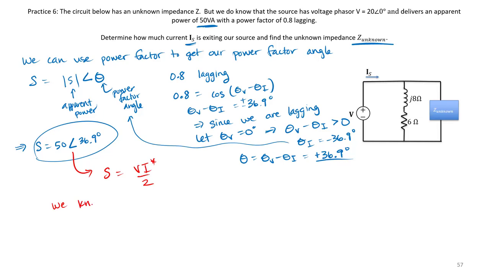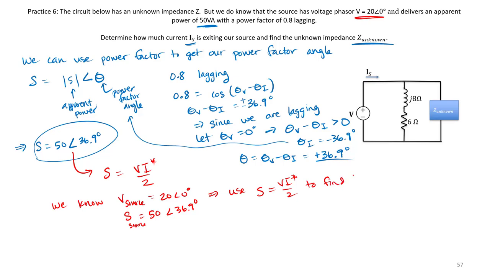Notice we know that V source is 20 angle 0 degrees, and we know that S is equal to 50 angle 36.9 degrees from the source. So we can use this equation to find our current I from the source. Let's go ahead and do that.